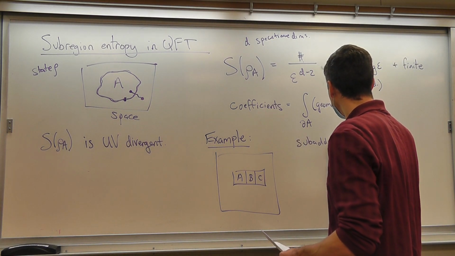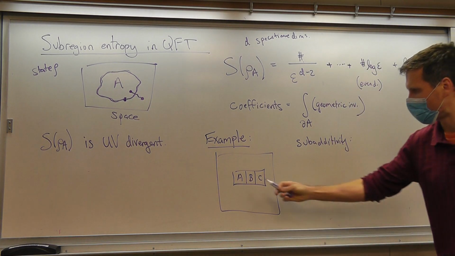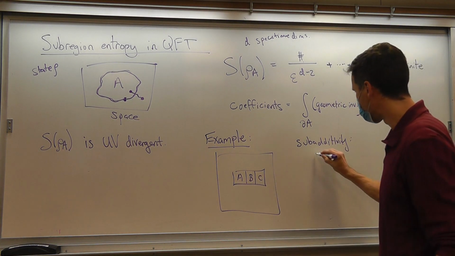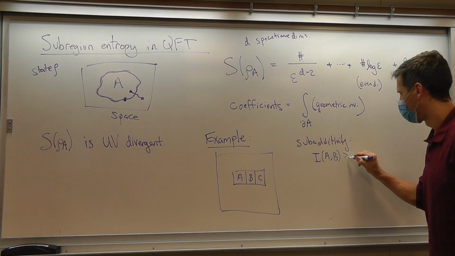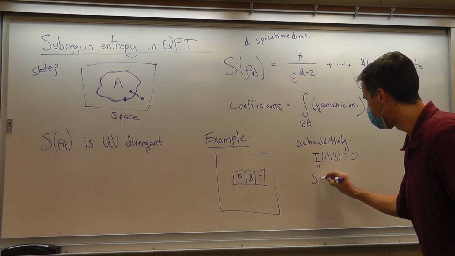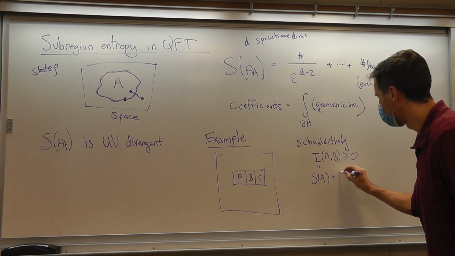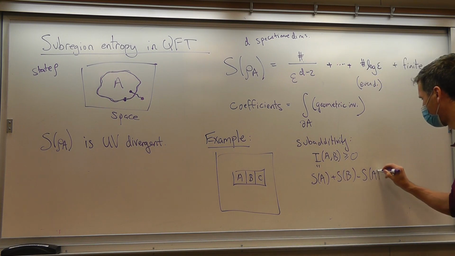Subadditivity, say for regions A and B, says that the mutual information I of AB is non-negative. Remember, the mutual information is S of A plus S of B minus S of AB.